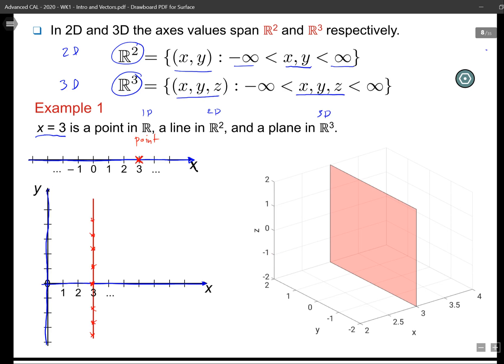So something is different in this case. x equals 3 is not just one point, but multiple points. So when you work in 2D and you only have this one piece of information, x equals 3, it automatically means that y can be anything. So let's make a note here. y can be anything in this case, right?